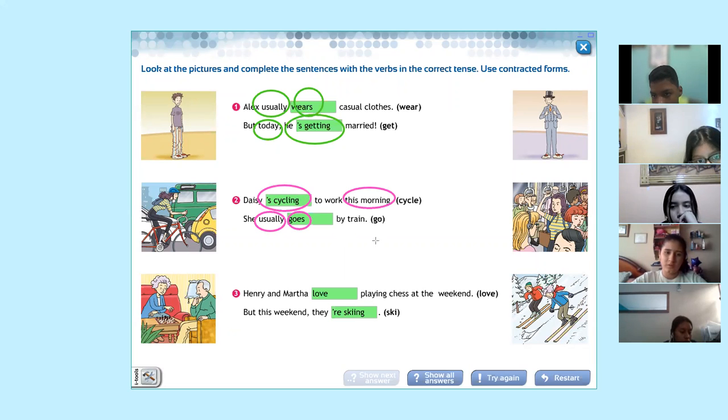This moment, this morning, this day are expressions for the present progressive tense. You have to be careful with expressions and follow those ideas. Usually is a frequency adverb, and that's the reason you use simple present tense. Thank you. We continue with number 3.